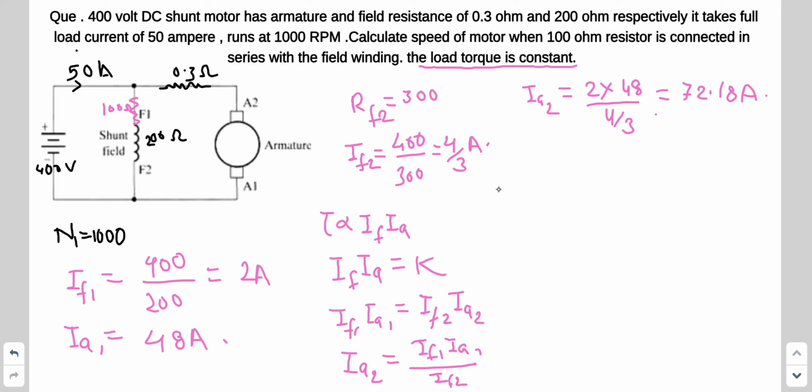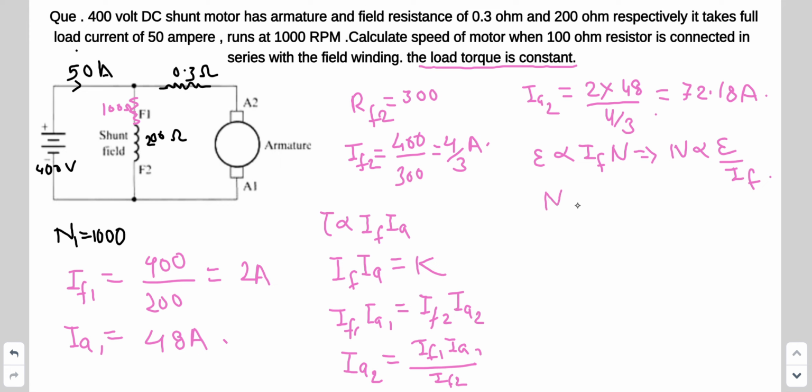So we have to calculate the speed of the motor. We know that E is directly proportional to IF into N. So from here, N is directly proportional to E divided by IF. By using this we can calculate the speed.